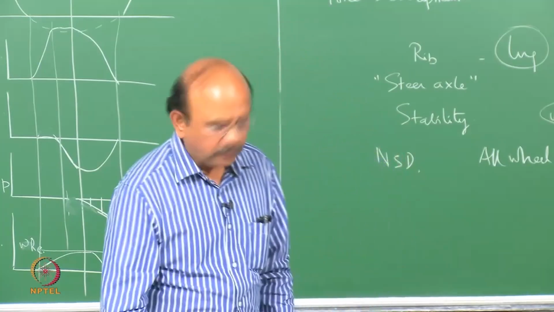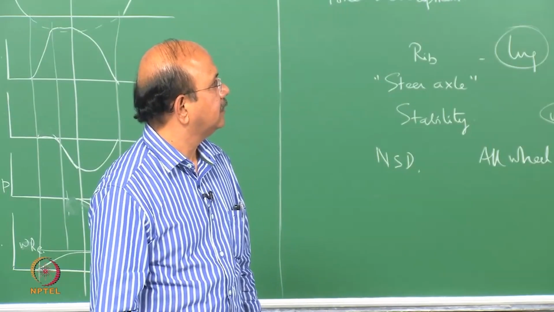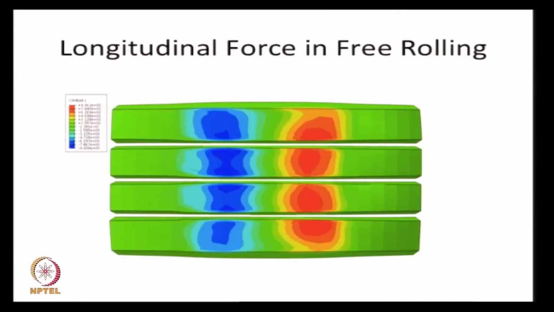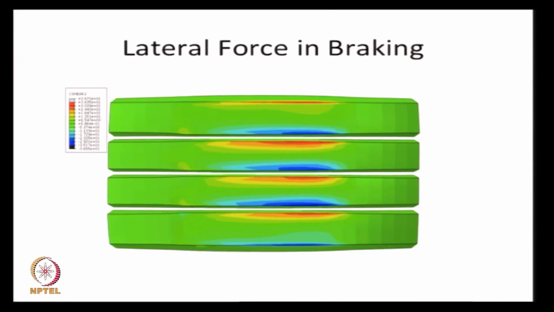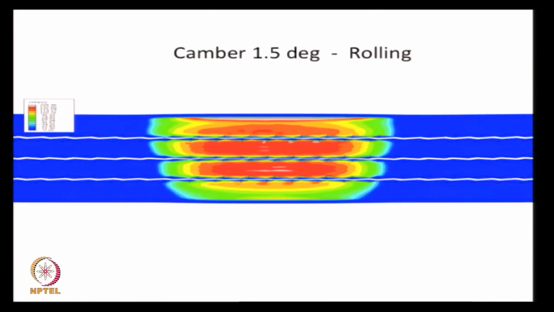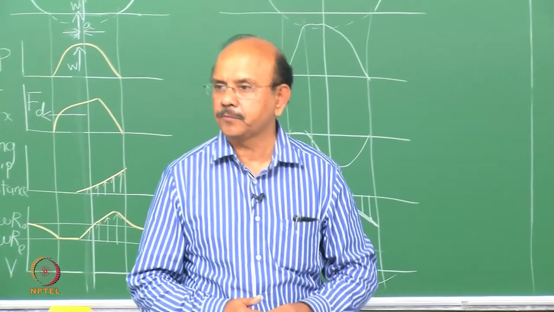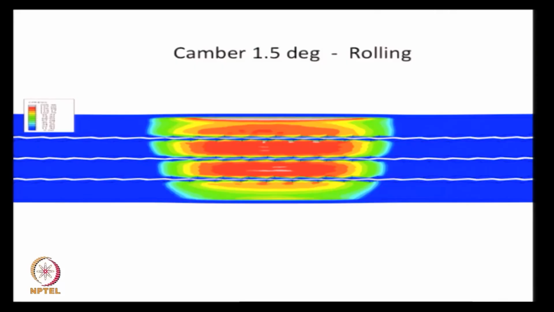Why is it so? Quickly look at this. You can see the difference in the contact pressure distribution when you have a camber. The camber is a very tricky business. It changes the whole contact pressure distribution, and hence it changes the way the wear takes place in these ribs. It's tricky because you have two things.